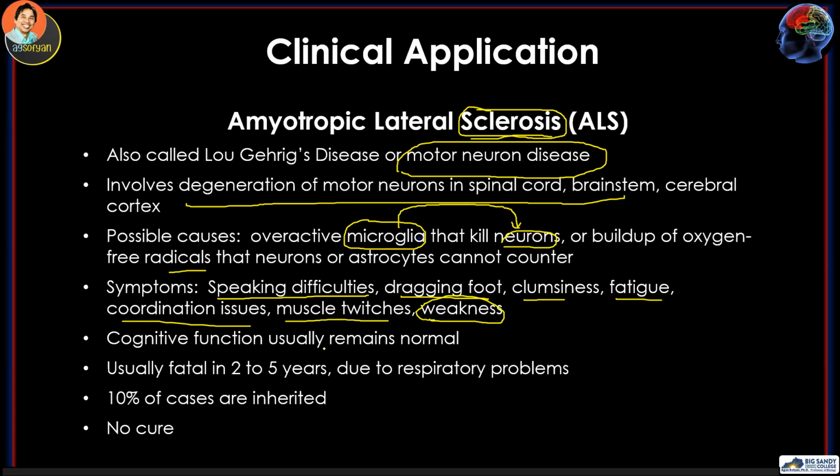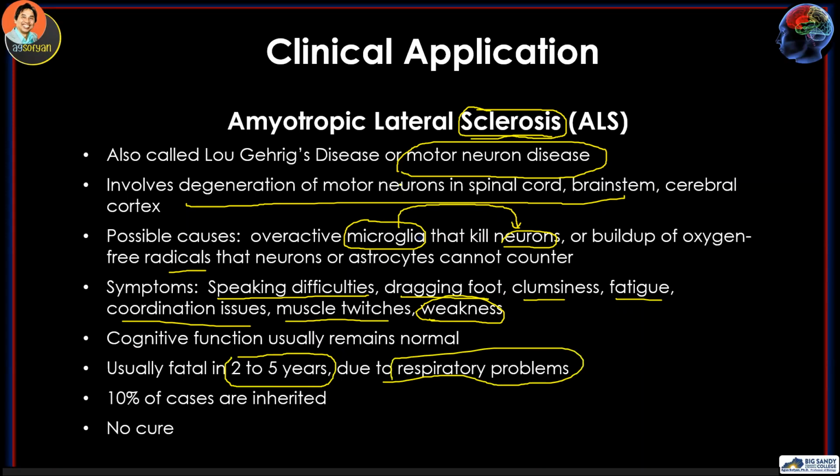The cognitive function usually remains normal. Thinking is considered the same as in normal people. Usually this disease is fatal within 2 to 5 years, due to respiratory problems.